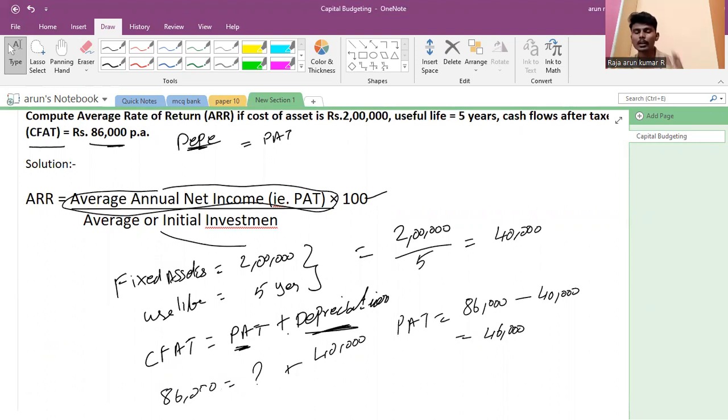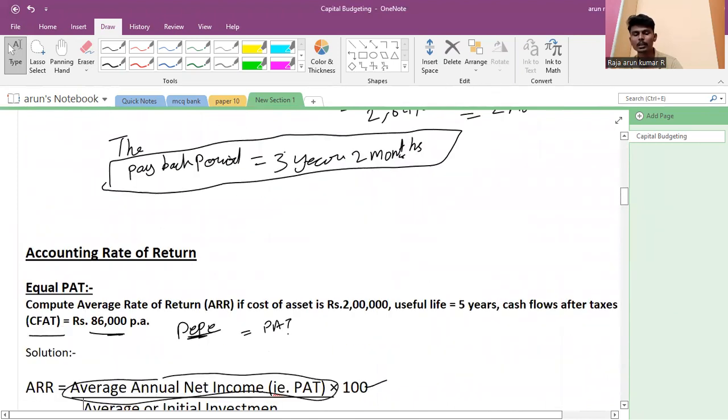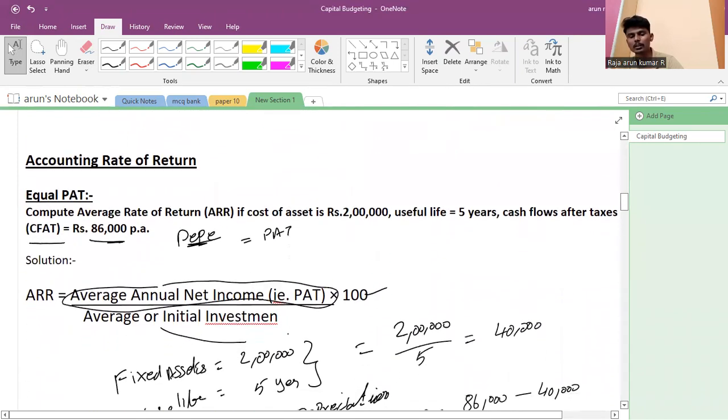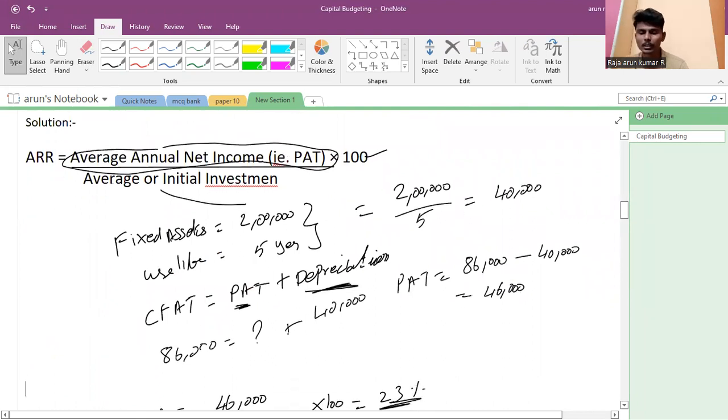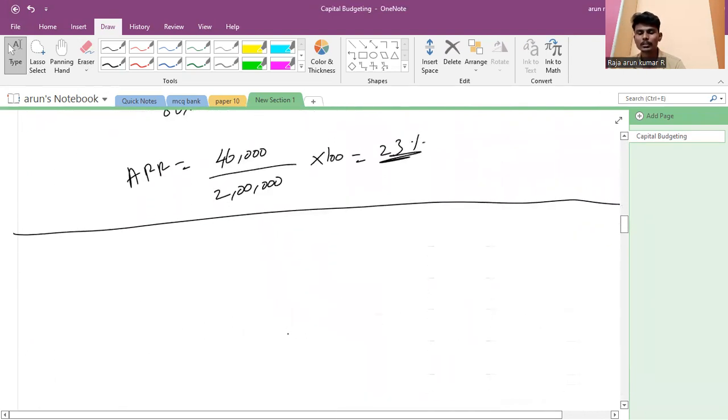Okay, I hope you all understand these 4 methods. In the payback period, there are equal and unequal methods, and the average rate of return also has both equal and unequal methods. I hope you all understand this concept, and see you in the next class.